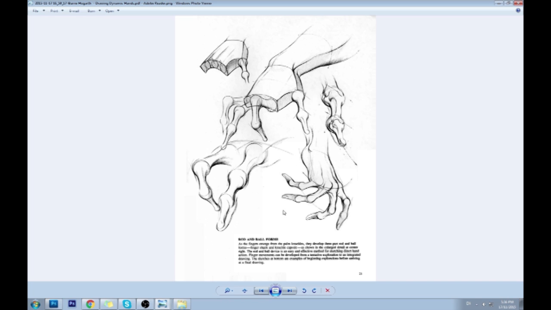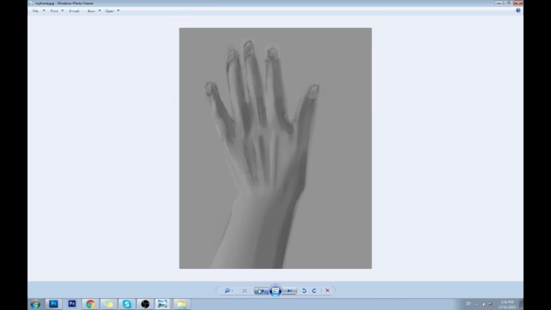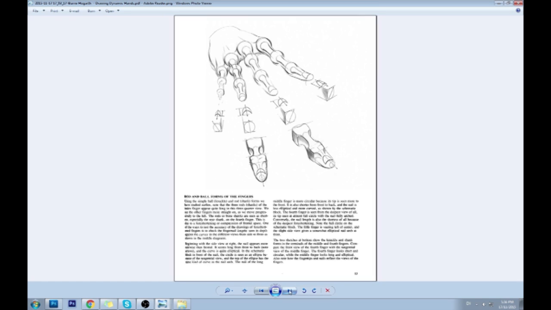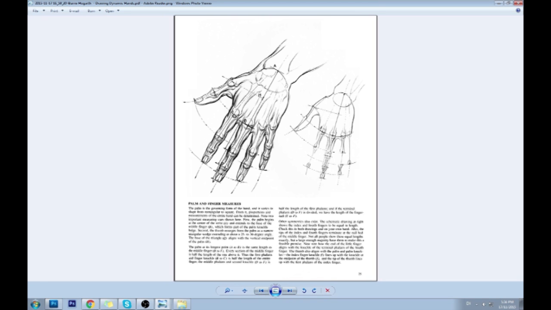Let me show you real quick what he does. I get the measurements down kind of right here, as he says. They kind of follow a very specific circle. So if you got your pencil and you put the edge of your pencil on your wrist, and kind of moved around like a protractor, you'll see what sits on the same level and what doesn't. This and this almost always sit on the same level.